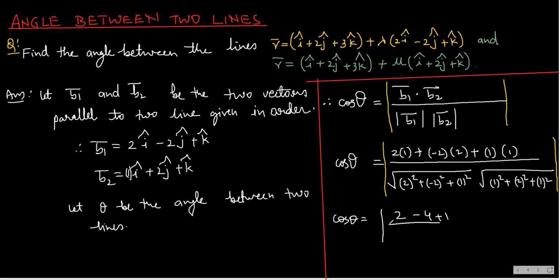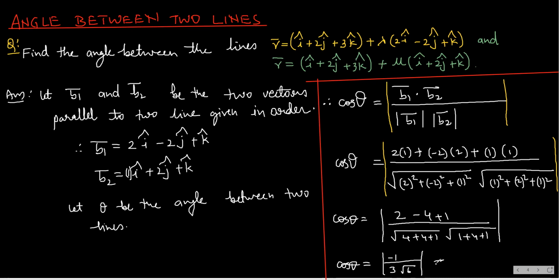So in the denominator I will get the square root of 4 plus 4 plus 1, and 1 plus 4 plus 1. So that will get me cos theta is, 3 minus 4 is negative 1 upon square root of 9, which is 3, and square root of 6 is root of 6. That's it. So here, this is in mod.